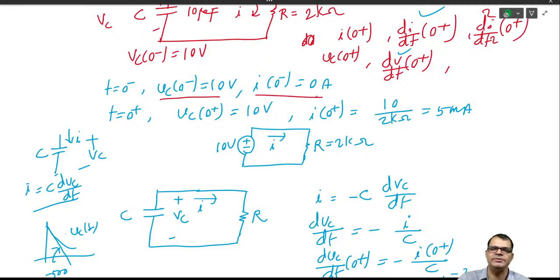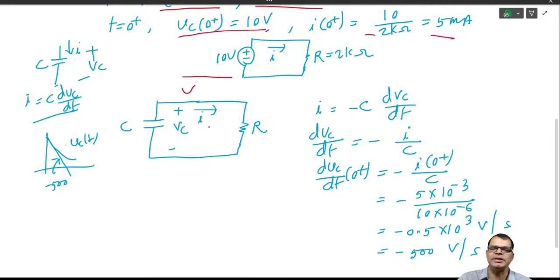These are the given values at t equal to 0+, using the concept learned in the last class, that the voltage across a capacitor cannot be changed instantaneously. So you find the voltage, then the initial current, then this is the further 0+ circuit, then write the dynamic equation of the circuit.